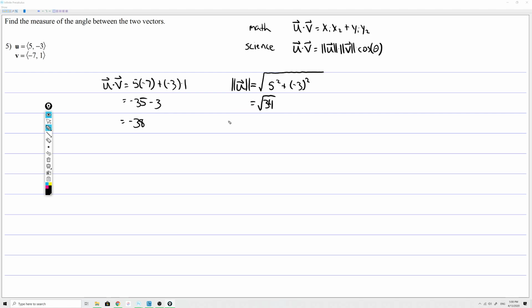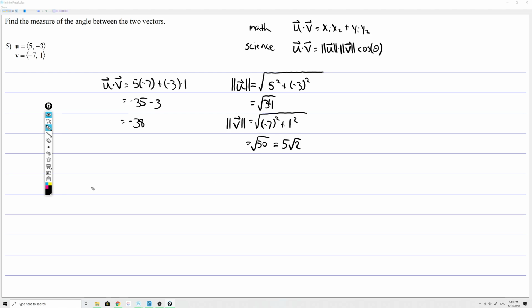And then for vector v, the magnitude of v, do the same thing: negative 7 squared plus 1 squared. That's the square root of 50. Now I do like to simplify my radicals most of the time, so 50 is 25 times 2, and the square root of 25 is 5. So the magnitude of vector v is 5 times the square root of 2.